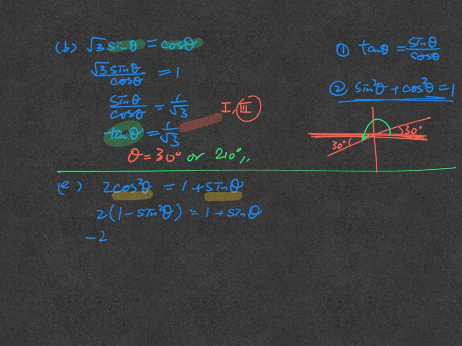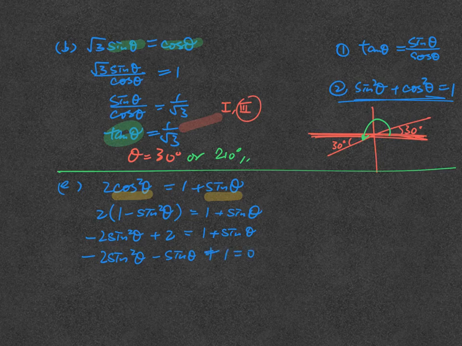The purpose of it is, now you have minus 2 sine square theta plus 2 equals 1 plus sine theta. Put everything on the left hand side, and you've got an equation that looks like this. Now you can treat it like minus 2y squared plus y minus y plus 1 equals 0.